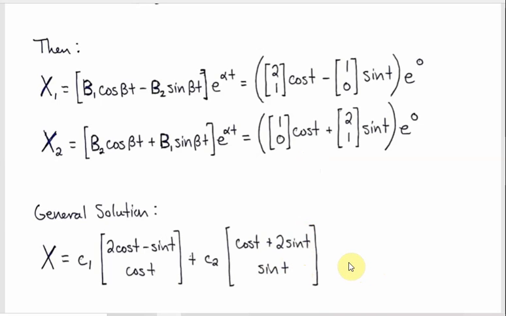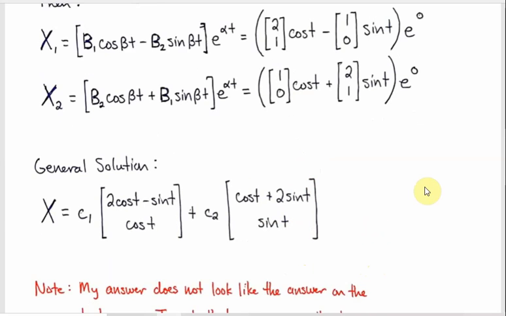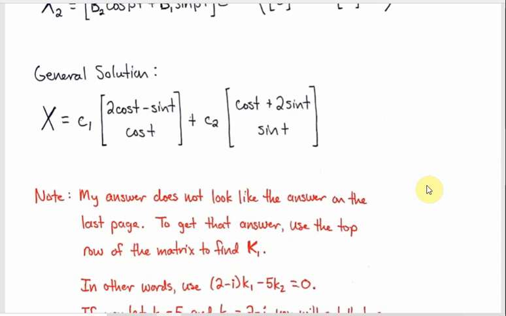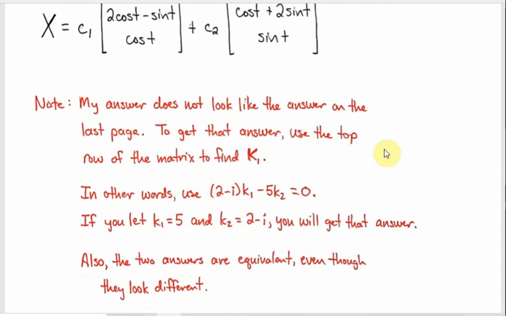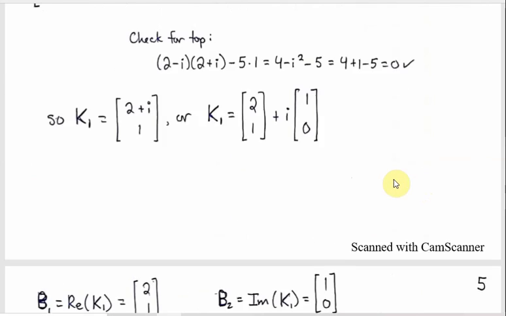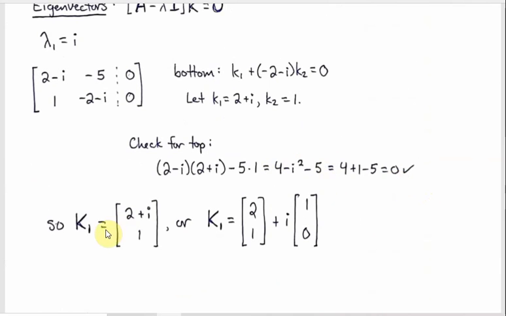This is not the answer that's on the last page. The answer on the last page had 5s in it. So what happened? Why doesn't my answer look like that? Because I used the second row of the matrix. If I go back up just to point this out, in order to get k1, the eigenvector, I used the bottom row here. I used k1 plus (negative 2 minus i) times k2 equals 0.